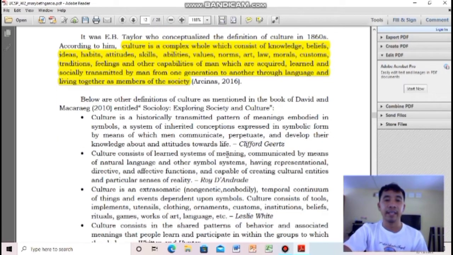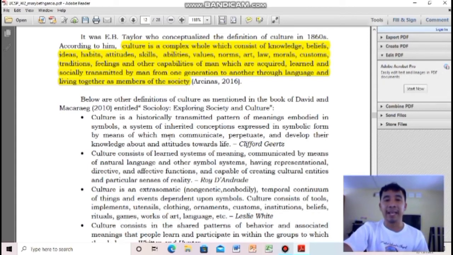So according sa kay Clifford Geertz, culture is a historical transmitted pattern of meanings embodied in symbols, a system of inherited conceptions expressed in symbolic form by means of which men communicate, perpetuate, and develop their knowledge about and attitudes towards life. Kumbaga, hambalya, transmission, no?